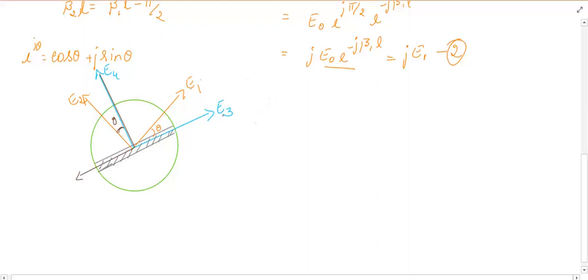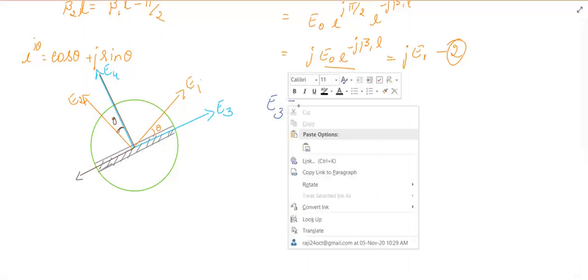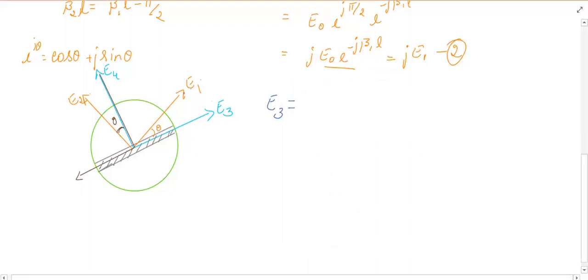What I can say from here, I'm getting two equations. One is E3. So now how to write E3? E3 is the cos component of E1, so it is E1 cos theta minus or plus, we'll see that.